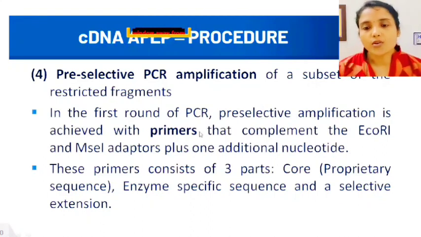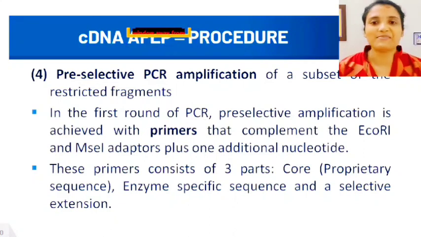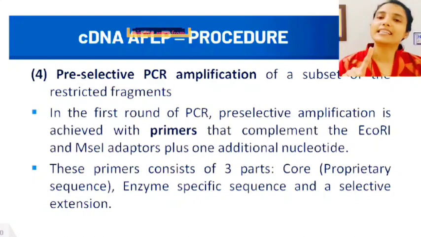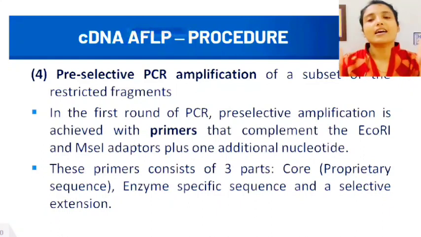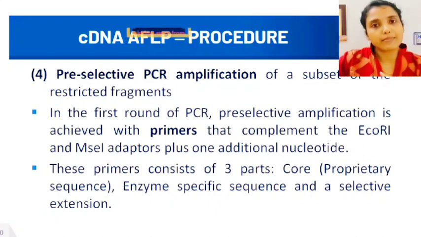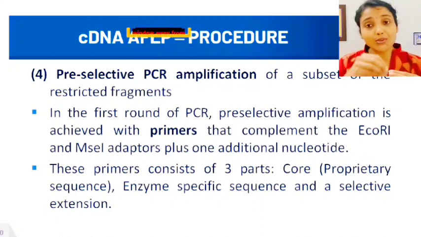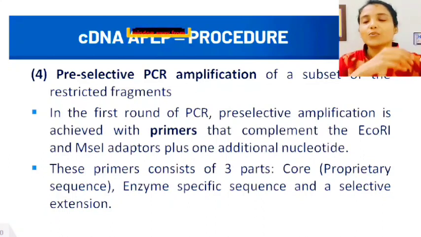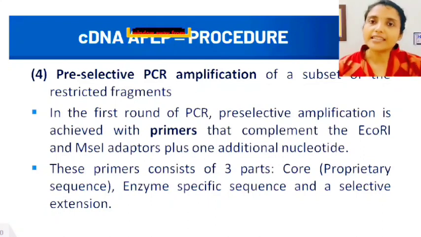So in the first round of PCR, if you know the basics of PCR, just to give you a brief about it, PCR basically consists of three major steps, right? The first step is denaturation, second step is annealing, third step is extension. During denaturation, your double-stranded DNA is broken down into single strands. The second step is the annealing, where your primers come and join to these single strands. And third step is extension. So your single strands with the primer joined, that primer will be extended so that you have a complete double-stranded DNA.